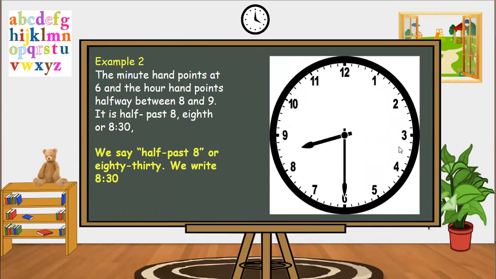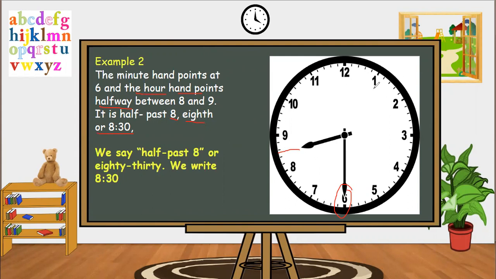Example number 2. The minute hand points at 6. The hour hand points halfway between 8 and 9. So it is 8:30. It means it's 8:30, right?